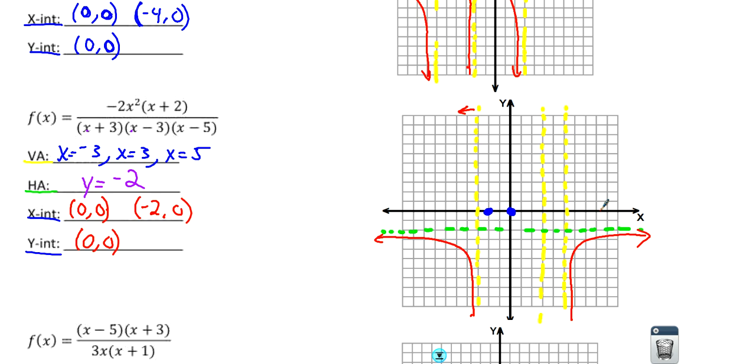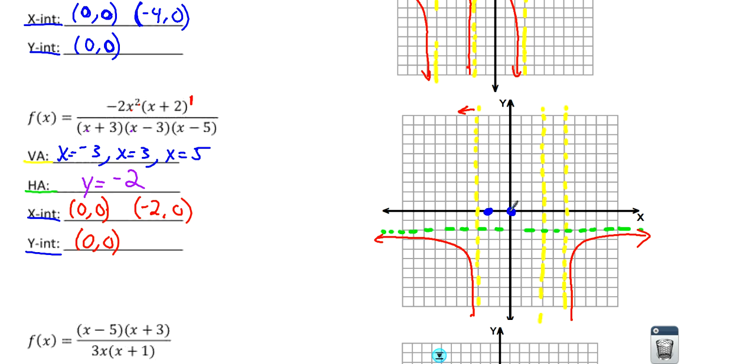Now let's talk about this middle piece right here. Both of these roots are right here. The 0 root is power 2, so its multiplicity is 2, whereas the one at -2 is 1. So the -2 one crosses, but the other one bounces.